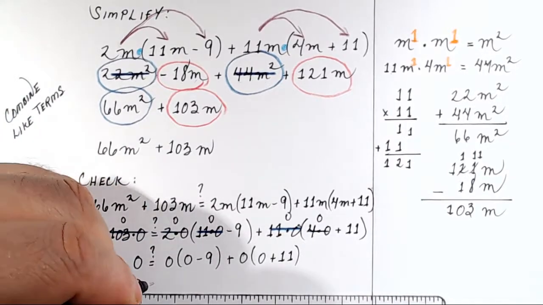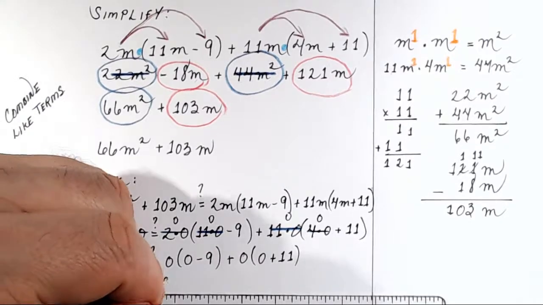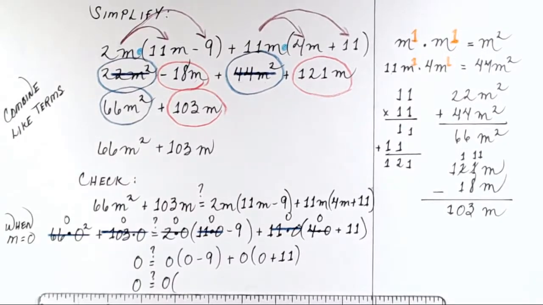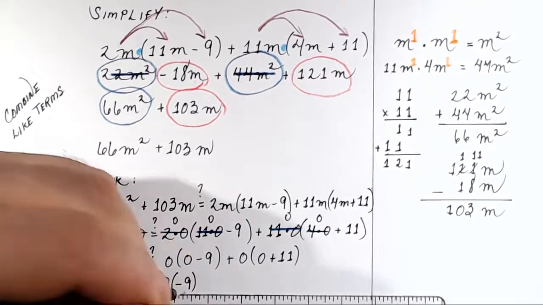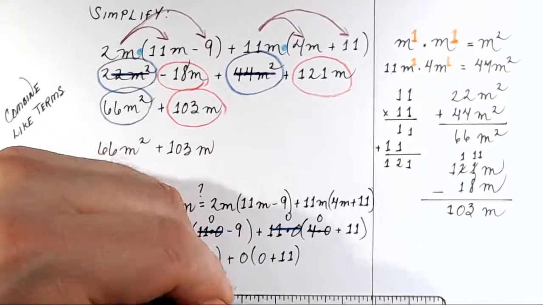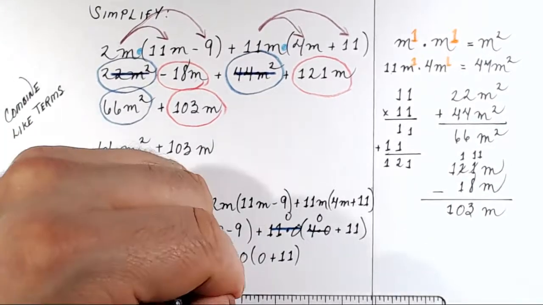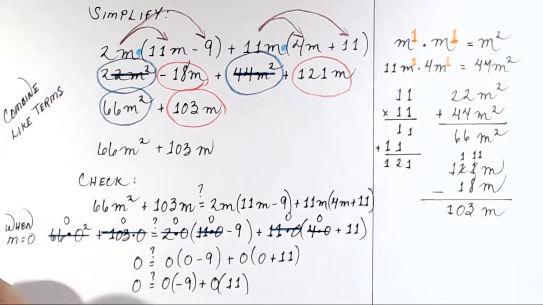So now I got 0 equals question mark. Okay. And then 0 times, open parentheses, 0 minus 9 is just minus 9, plus 0, open parentheses, and 0 plus 11 is just positive 11, close parentheses. So let's keep simplifying.